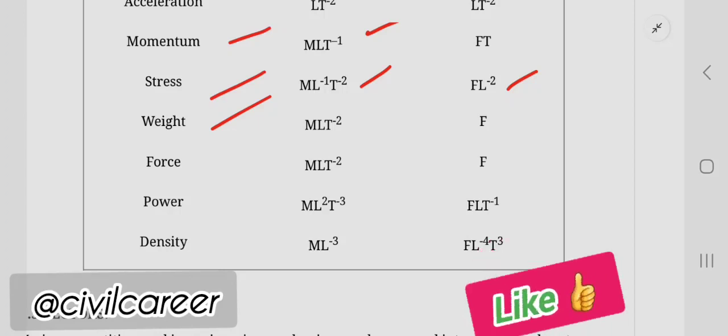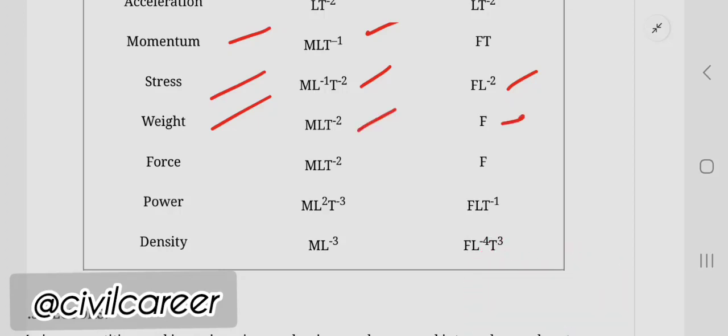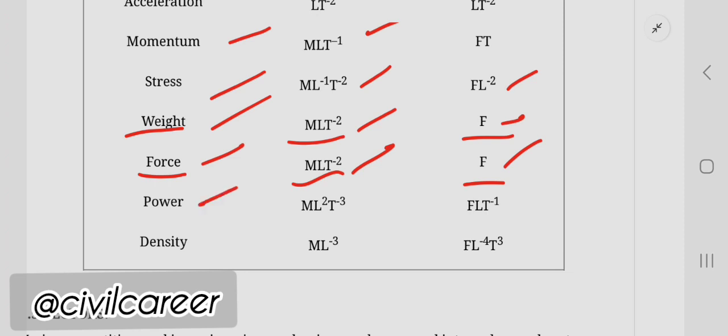Weight: M L T raised to minus 2, F. Force: M L T raised to minus 2, F. You can observe here that weight and force have the same dimensions, M L T raised to minus 2 and F. Next, power: M L square T raised to minus 3, F L T raised to minus 1. Last one is density: M L raised to minus 3, F L raised to minus 4 T raised to 2.